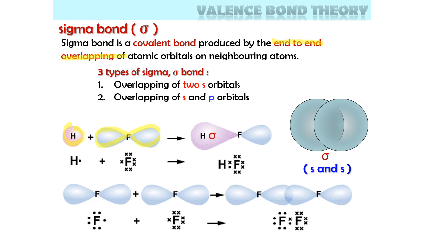And the third type of sigma bond is the overlapping of one p orbital with another p orbital, so you will form sigma bond in the middle here.